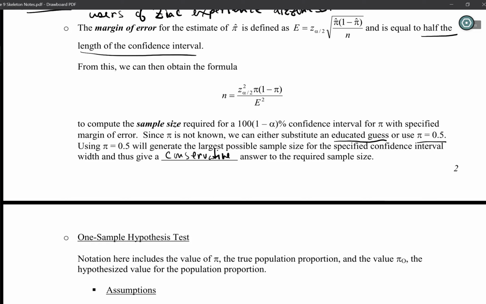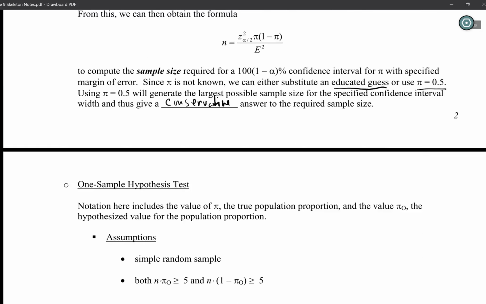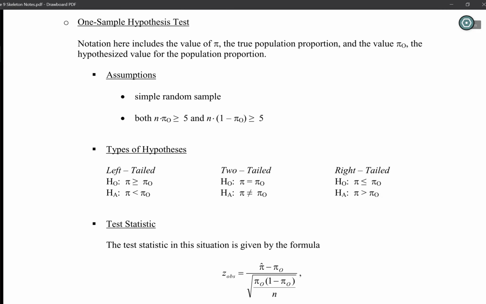Conservative in the sense that, maybe we want an interval of width 0.05, and if we plug in 1/2 for pi there, we may actually get intervals of widths that are smaller than 0.05, but it will be no greater than 0.05. All right, so that's what I mean by conservative.